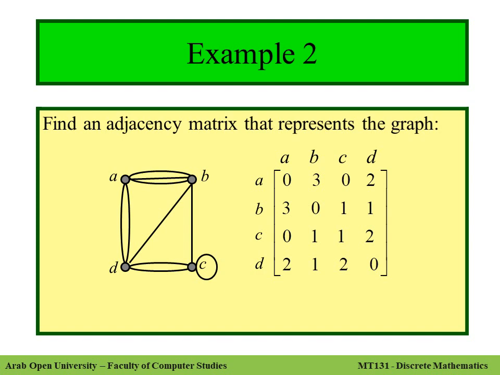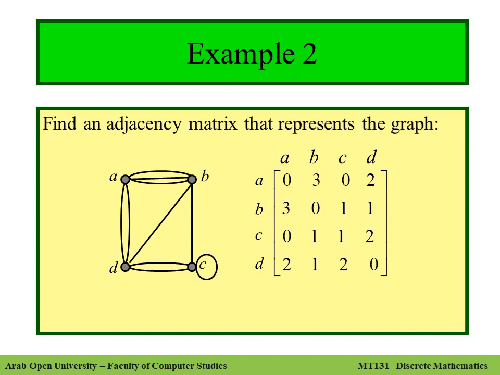Here is an example of a multigraph. For example, if you look at A, of course A is not connected to itself, so it's 0. Let's look at A and B. There are 3 edges connecting A and B. The first row, second column has the entry 3.